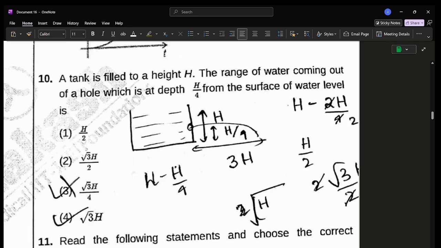Okay, let's go to the next question. So the question tells a tank is filled to a height h, and the range of water coming out of the hole, which is at the depth of h by 4 from the surface of water level, is.